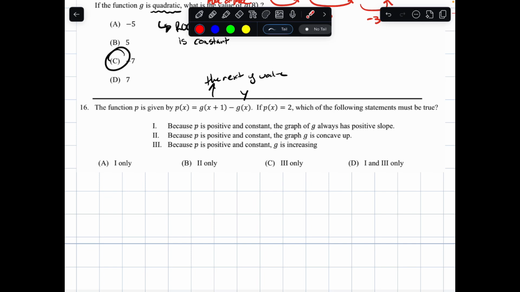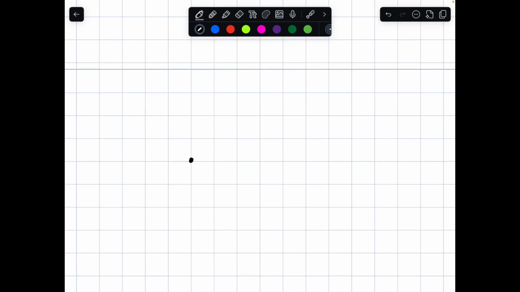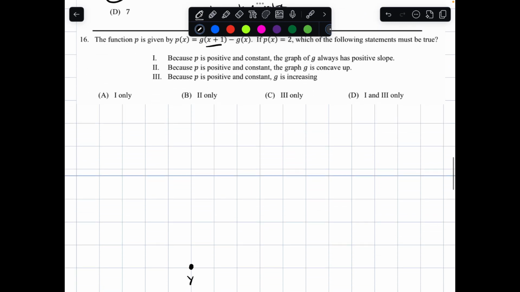So, what can we gather from this? It's saying the next y value minus the original y value equals 2. Essentially, it's always going up. If I just draw some plot, it literally doesn't matter. You can think of these boxes as one unit. This is my original y value, and if I go 1 x value over, I need to go up 2.